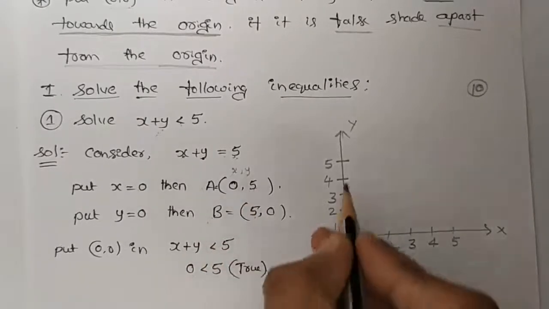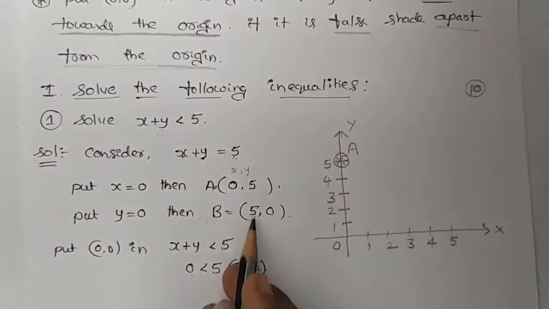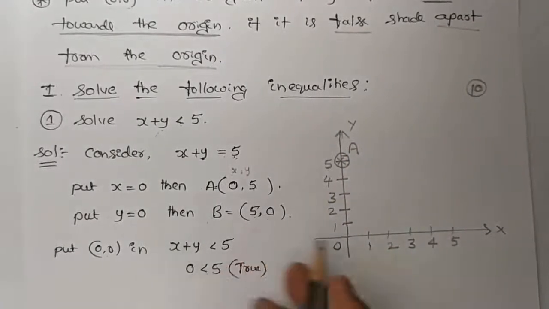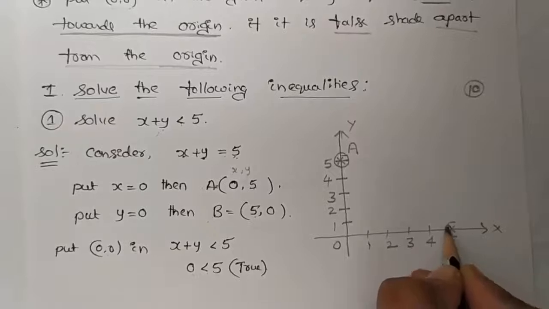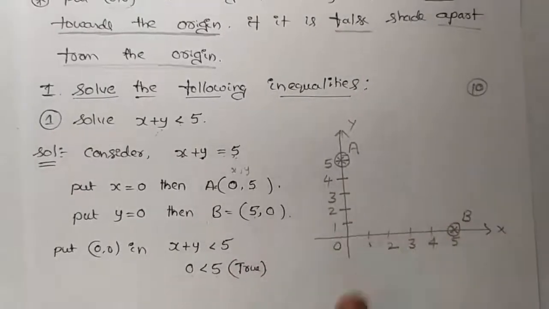That is the point A. Next, x is 5 and y is 0. That is the point B. Now join these 2 points.